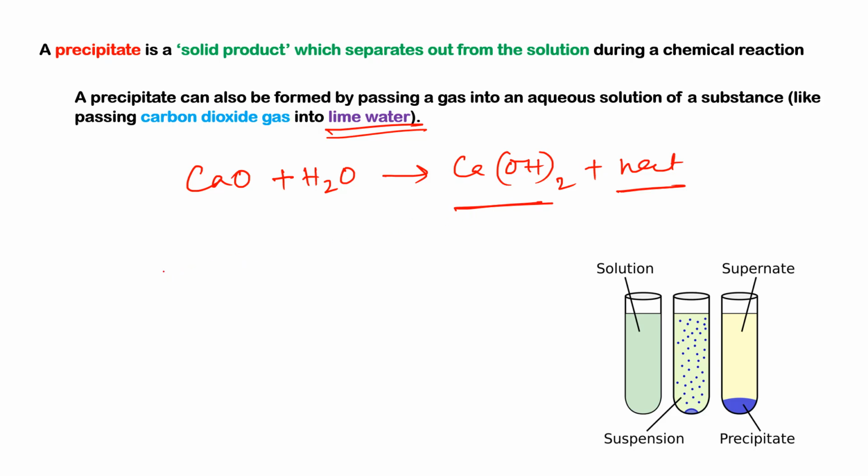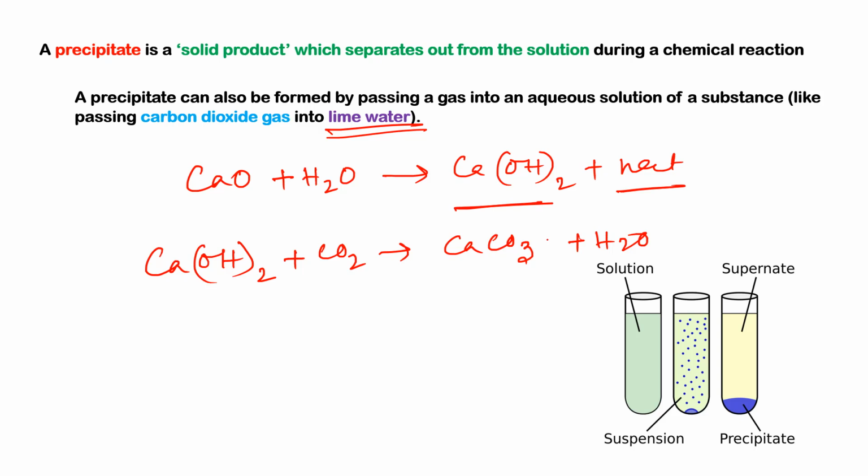Calcium hydroxide, Ca(OH)2, reacts with carbon dioxide, and we get a precipitate, that is CaCO3. CaCO3 is a white color precipitate, plus some water molecule.